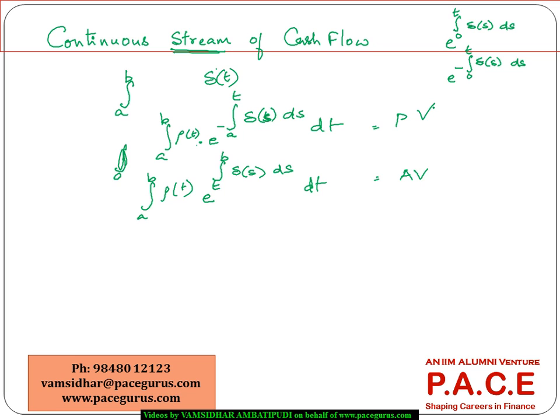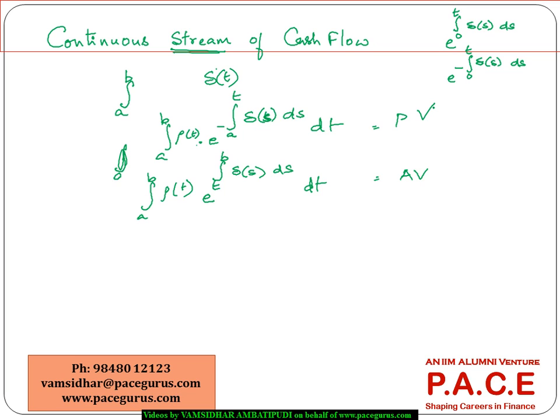And now we'll take up the examples relating to all these four aspects: a single cash flow when the variable interest rate is given, finding out the present value as well as the accumulated value of that. Then also I am looking at a stream of cash flows which are being paid between A and B period, and I am looking at a variable interest rate operating during that particular period, trying to find out the present value as well as the accumulated value.